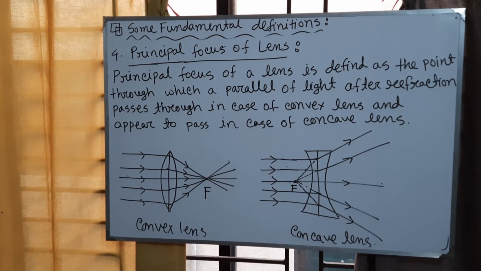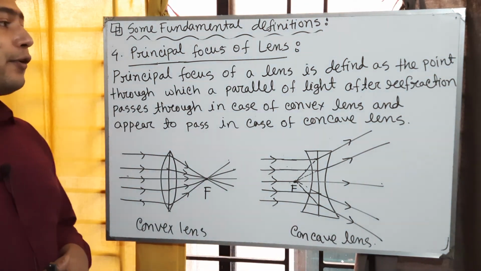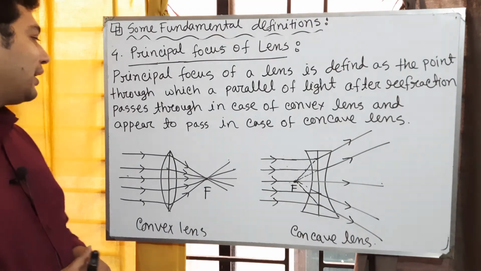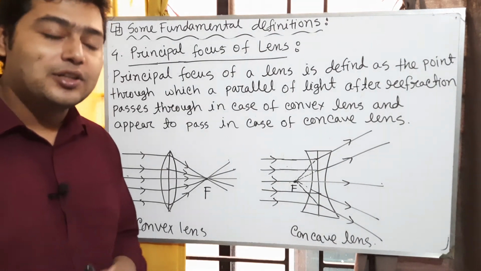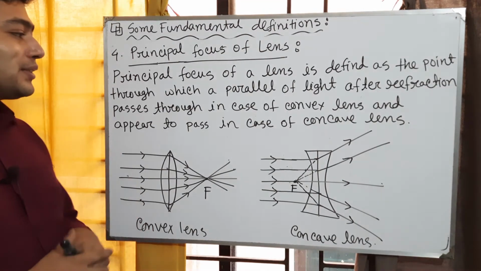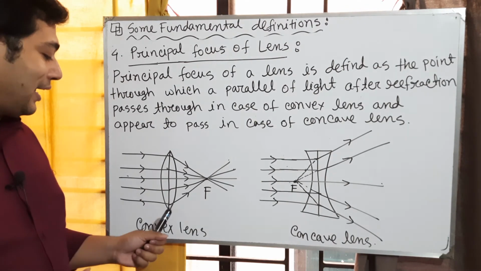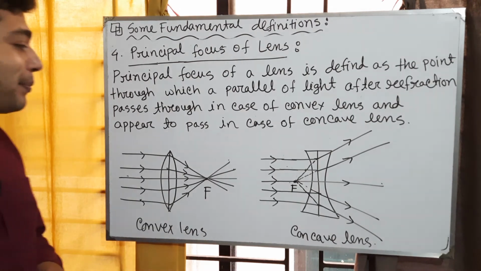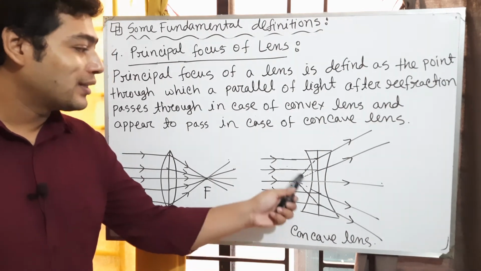So our next definition is principal focus of lens. Principal focus of a lens is defined as the point through which a beam of parallel light, after refraction, passes in case of a convex lens, and appears to pass in case of a concave lens.